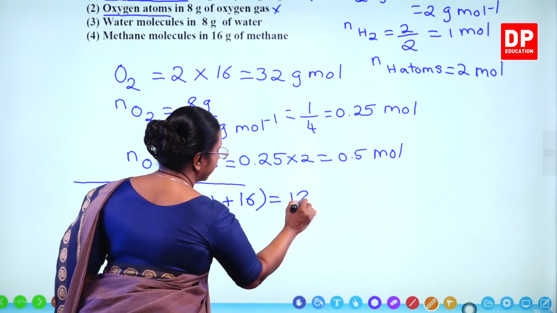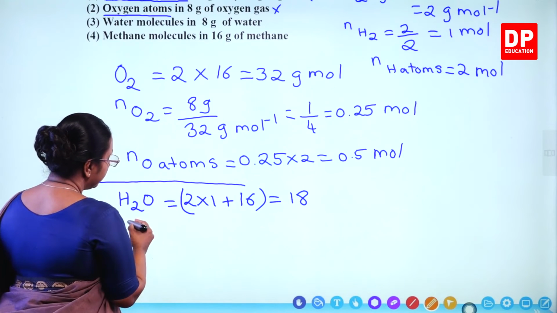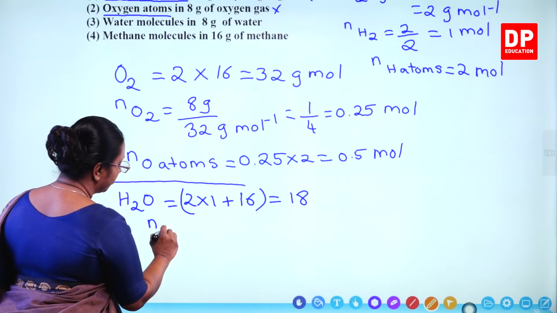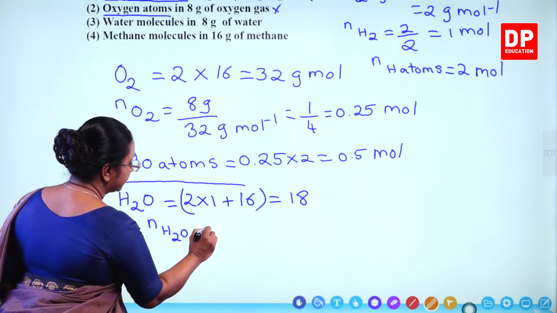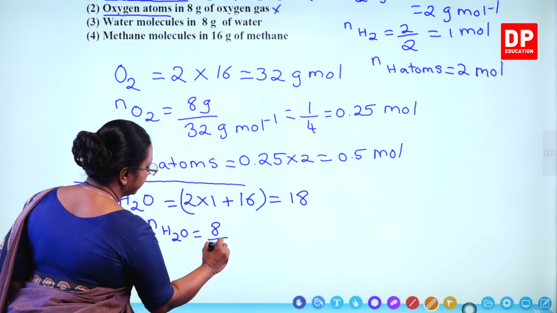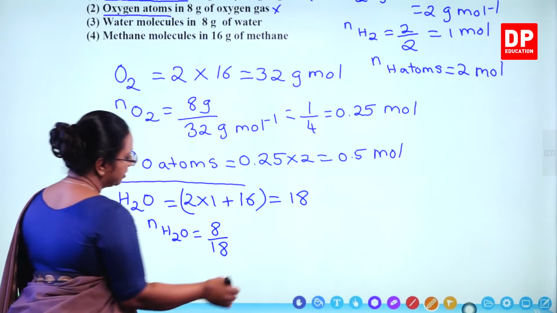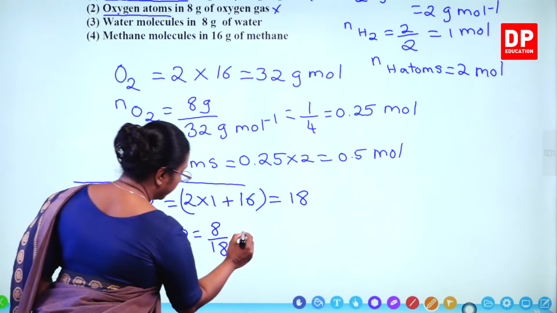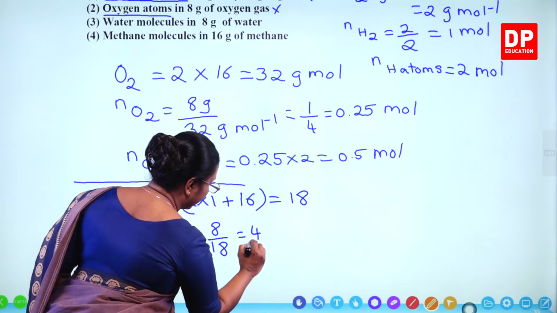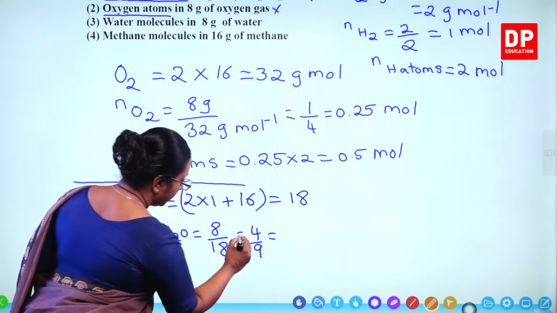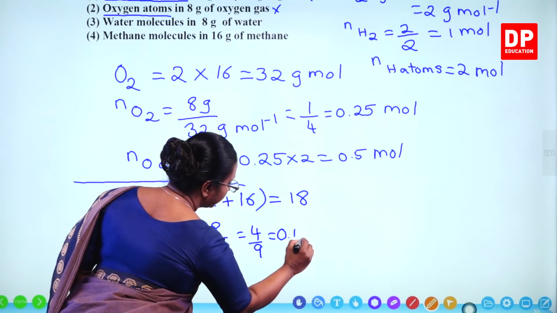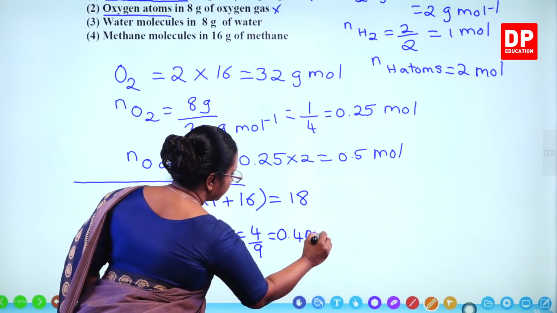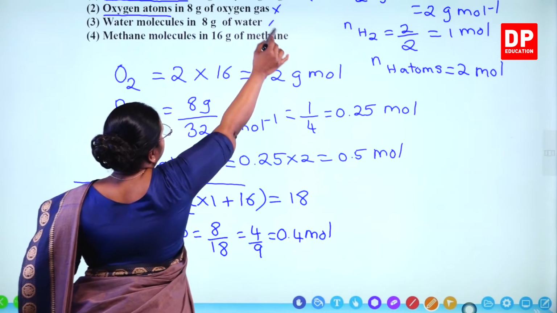So that is equal to 18. So if we calculate the number of moles of water, you will see 8 over 18. It is not even equal to 0.5. So this is about 4 by 9. That will be 0.4 moles. So that is also not correct.